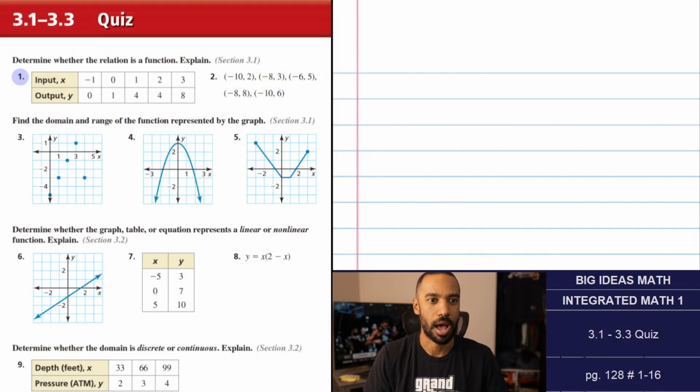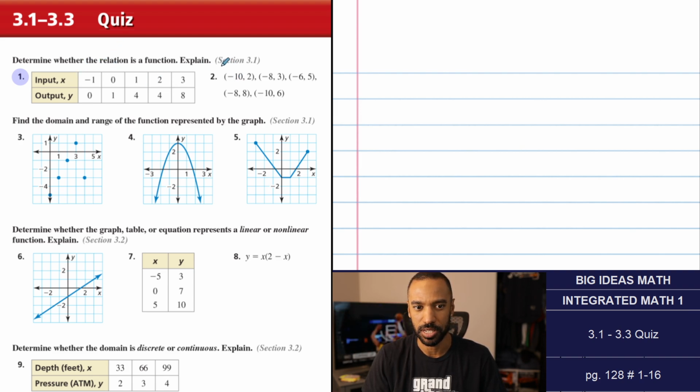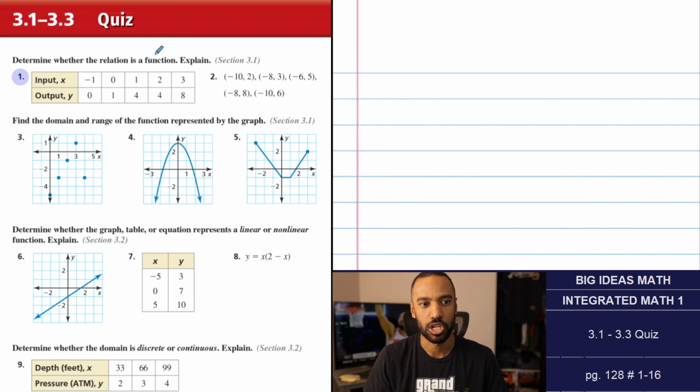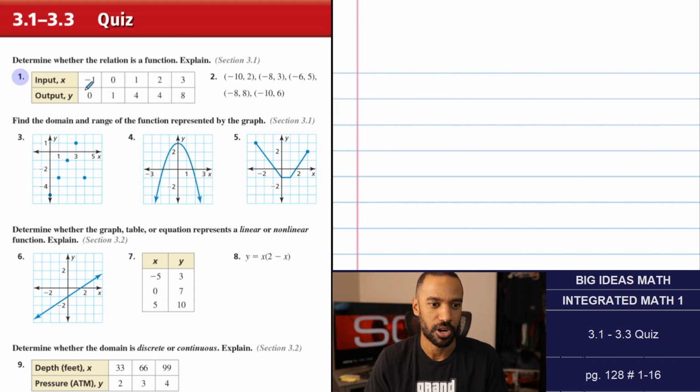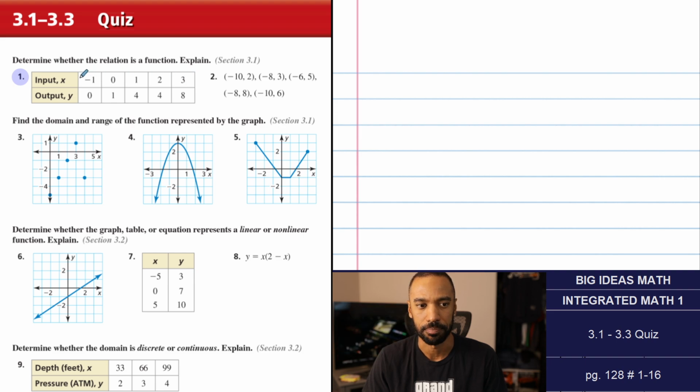We are starting with problem number 1 and then number 2, two different representations, a table versus a set of ordered pairs. Determine whether the relation is a function and explain. What we're looking for here is we have different inputs versus our outputs, and our inputs are -1, 0, 1, 2, and 3. Now, I see no repeats of these x values, which is really one of the key things I need to look for when we have a table or when we have a list of ordered pairs here.